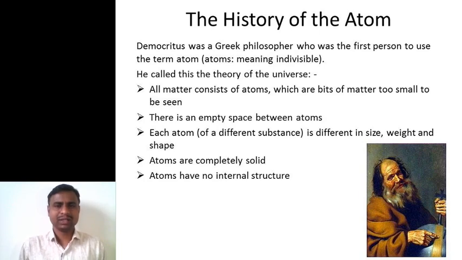And what is inside an atom? There is empty space between the atoms. Each atom of a different substance is different in size, weight and shape. So if you take atoms from different substances, these atoms are different in size, weight and shape.